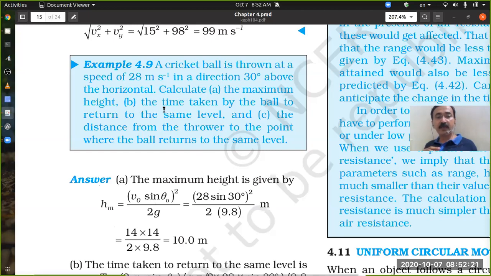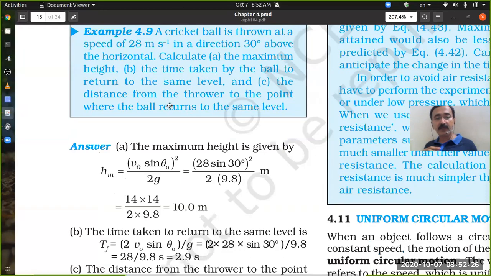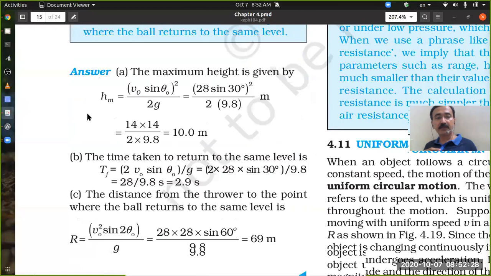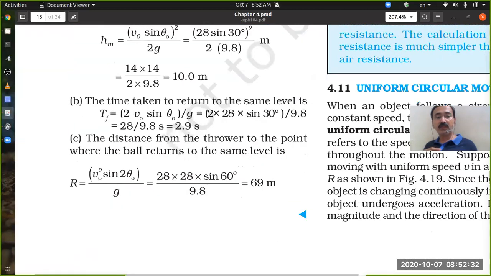Second is the time taken by the ball to return to the same level. That means time of flight. The formula for time of flight is 2v0 sin theta by g. So again, it is just a matter of putting down the values.